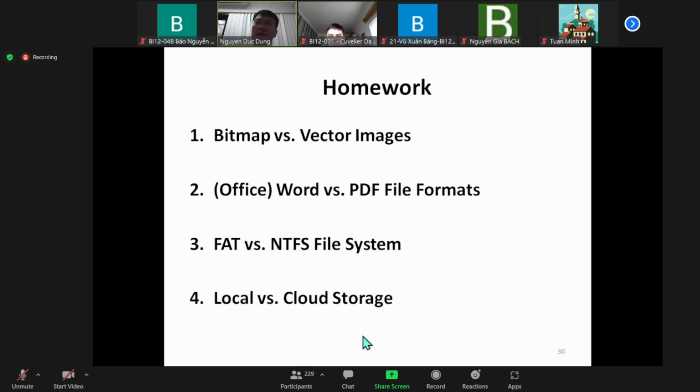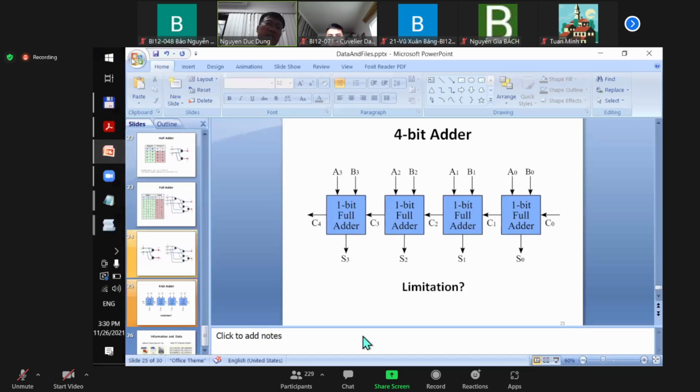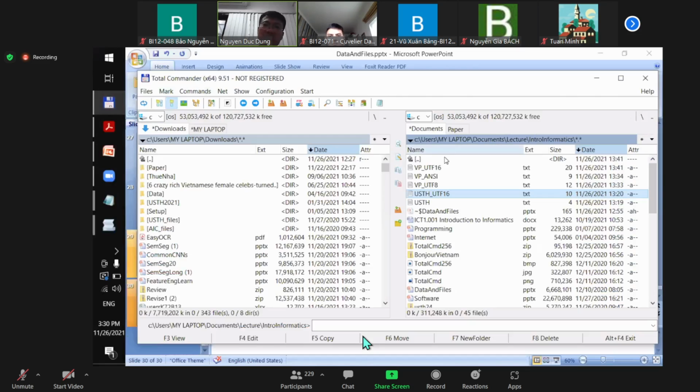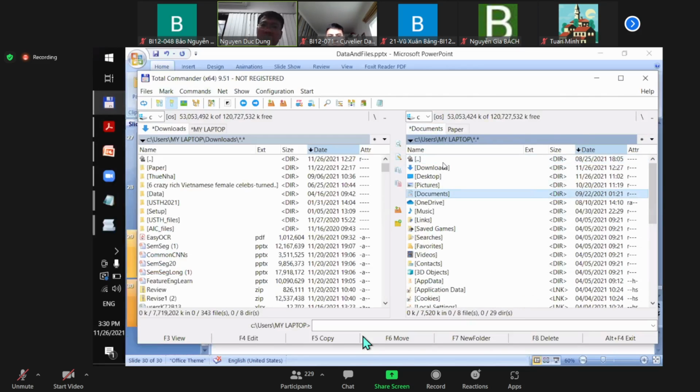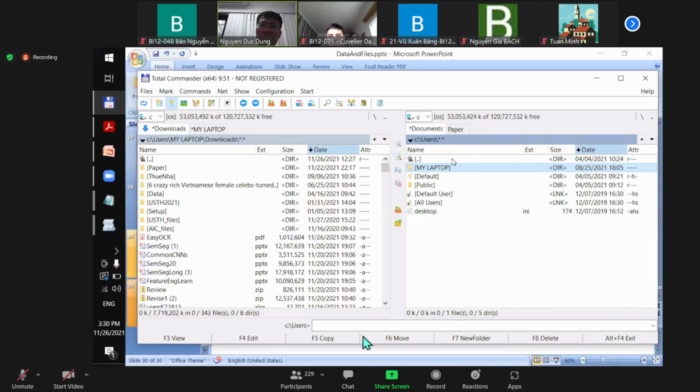For example, how to set access permission for your directory. In the Windows operating system, suppose that two people use the same computer, and you create another account, and you could not access some folders.